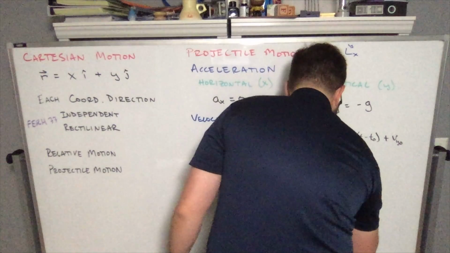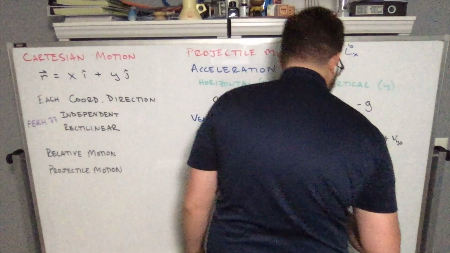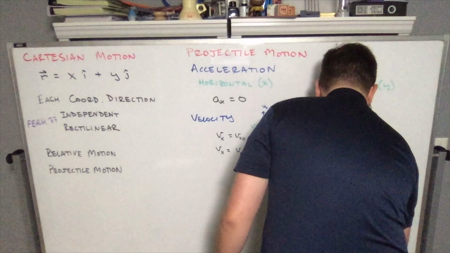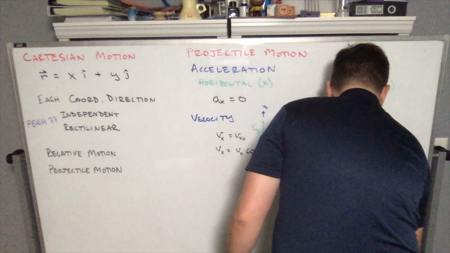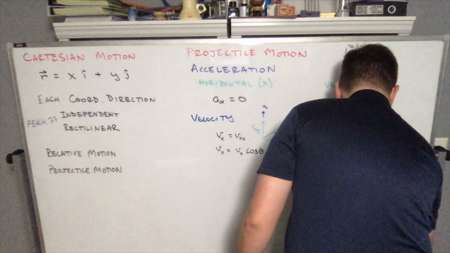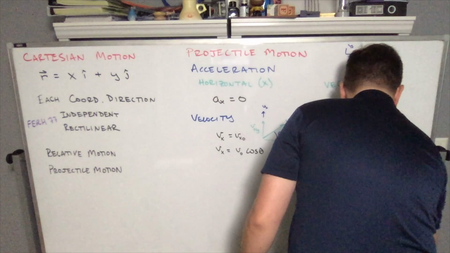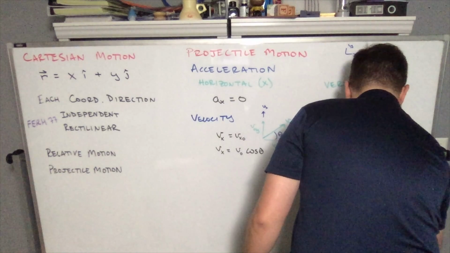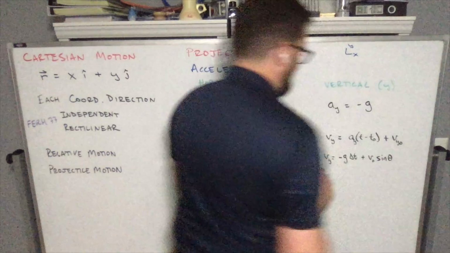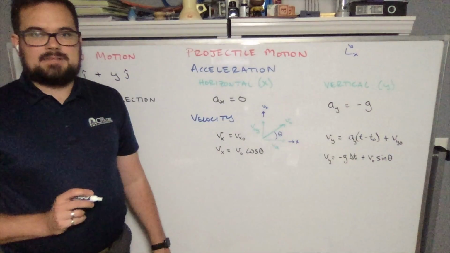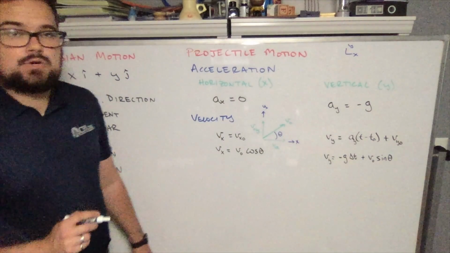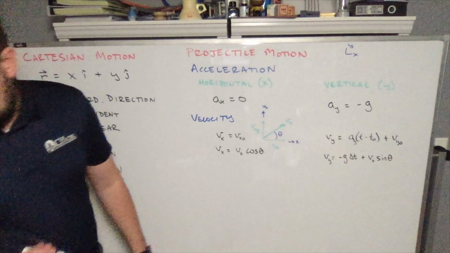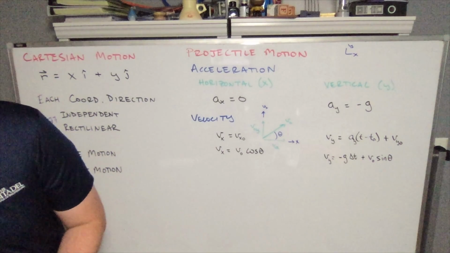And Vy is going to be equal to negative g delta t plus V naught sine of theta. Something like that. And so those are the equations you should see in your FE reference handbook, or something very much like them.